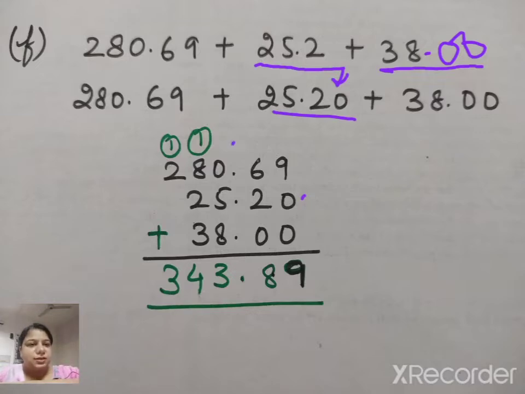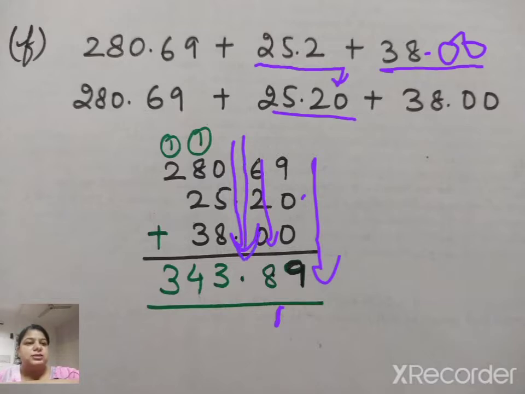So again we have now lined up the decimals. We have set the numbers with the plus sign because we are doing addition here. After that we have to do the simple addition. 9 plus 0 will give you 9. Then 6 plus 2 gives us 8. The main thing, again I am repeating, is you have to bring down the decimal at the same place in the same line, right?